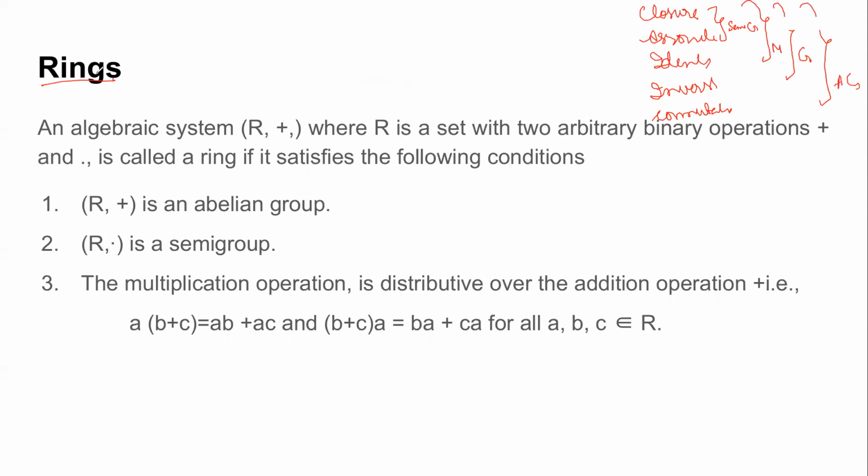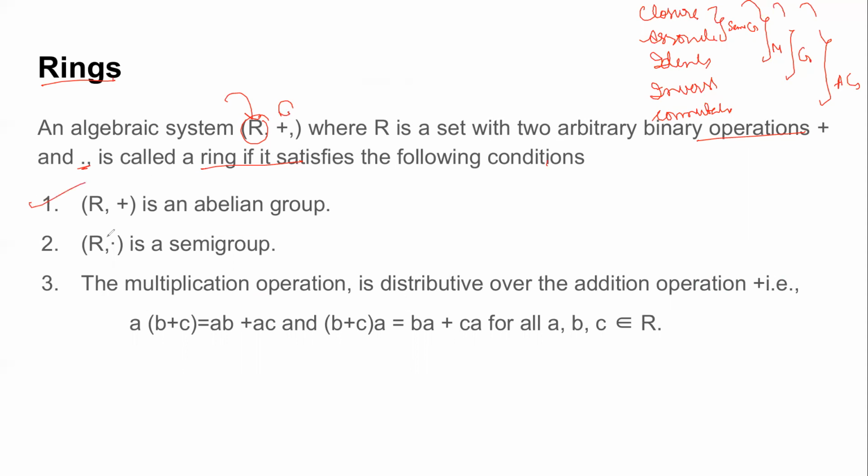Now when we come to rings, another algebraic system, suppose R is the set on which it is defined. A ring is always defined with two binary operations instead of one. An algebraic system R with binary addition and binary multiplication is said to be a ring if it satisfies the following conditions.